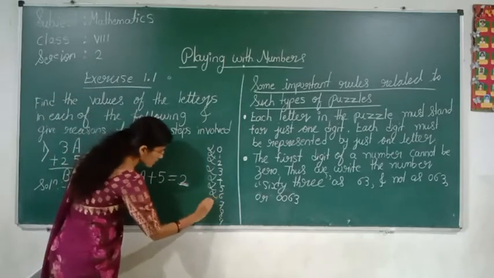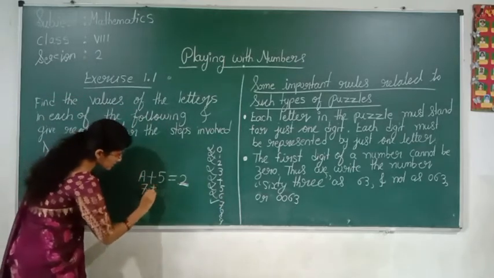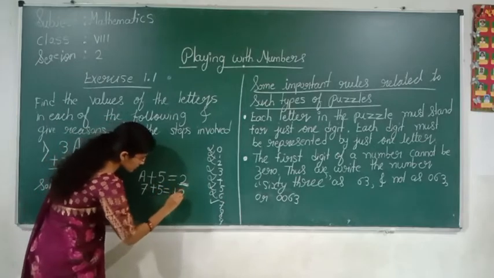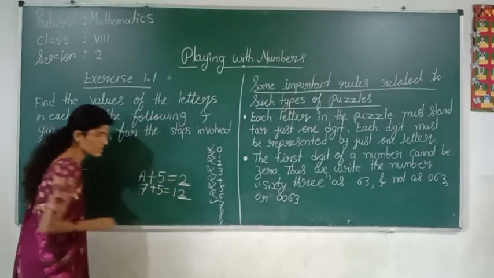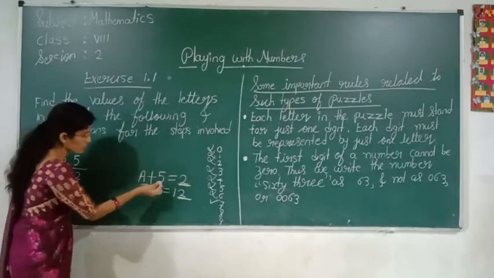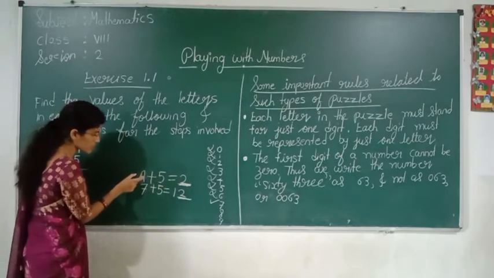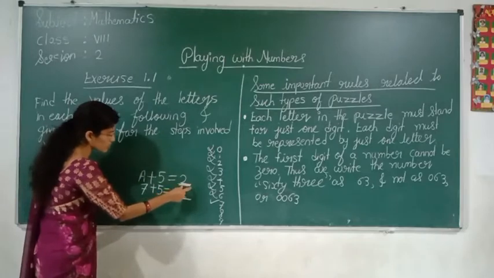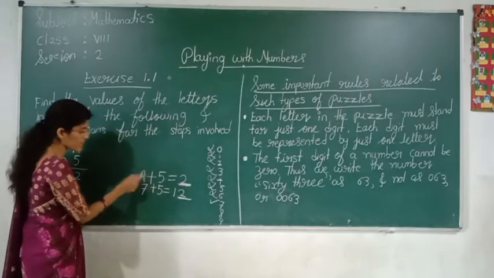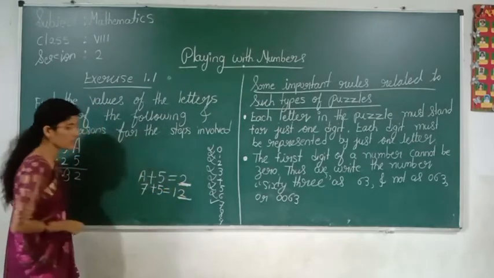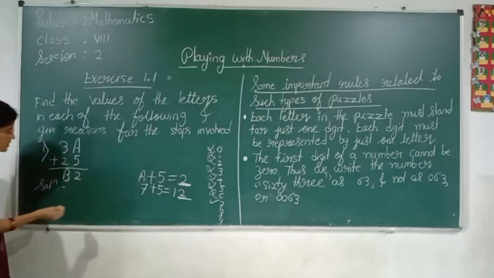Now 7, see. 7 plus 5 is what? 12. Here 2 in unit place, same thing is there, no? Yes or no? We want 2 in unit place. A value you have to substitute in such a way that the unit value should come 2. If I substitute A is equal to 7, I am getting 12. Then what I can write here?